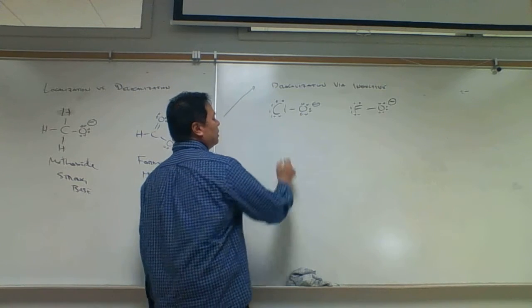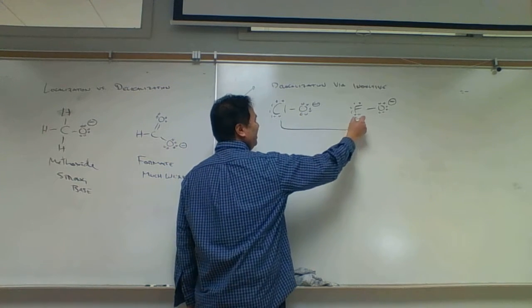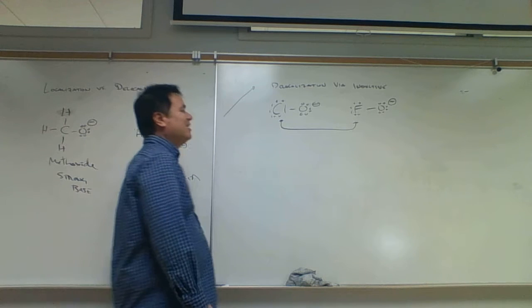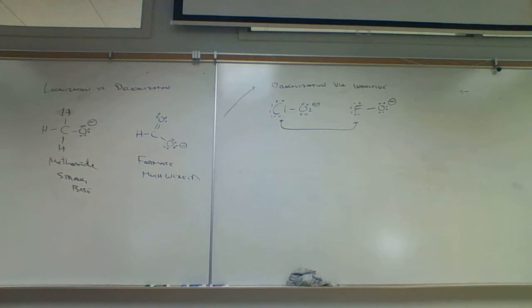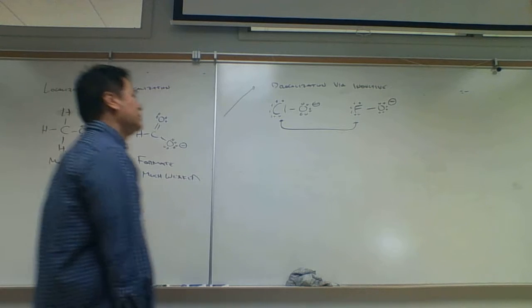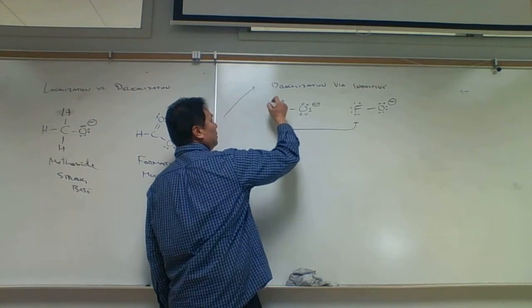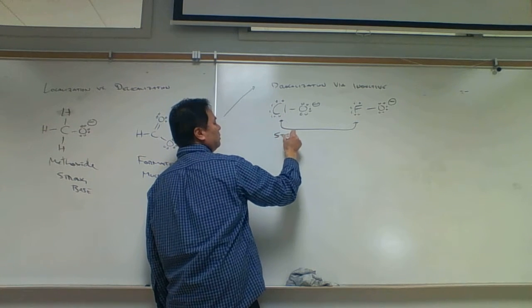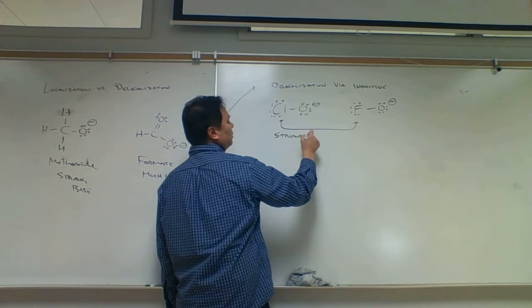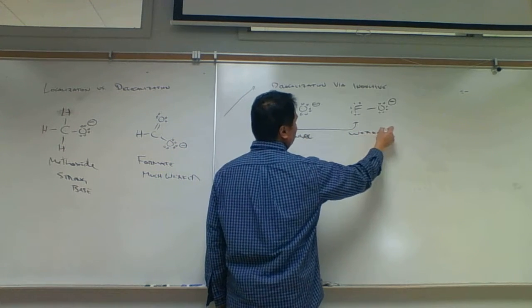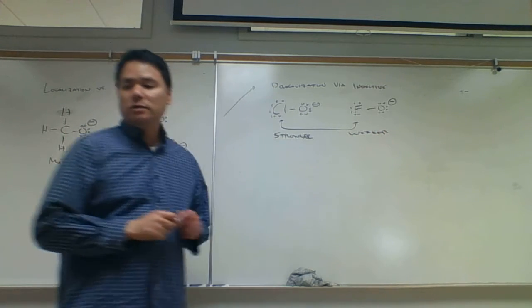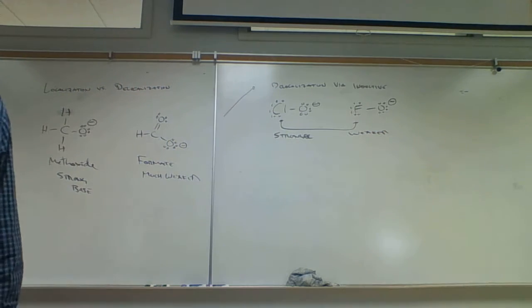Now we can ask, why are these two different strength bases, and which one will be stronger? It turns out that ClO minus should be stronger. We predict this one to be stronger and this one to be weaker. Why? It has to do with the inductive effect.